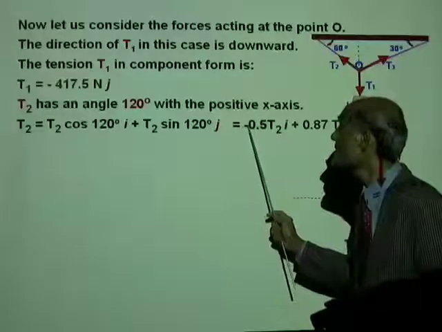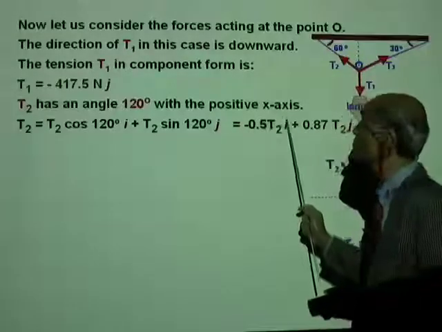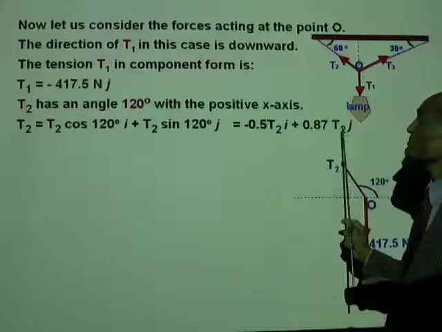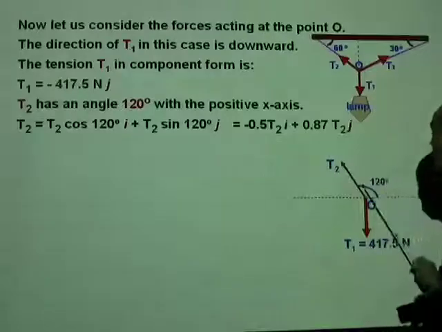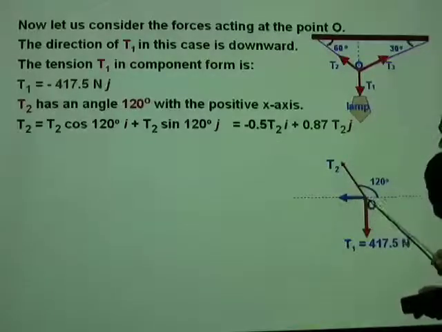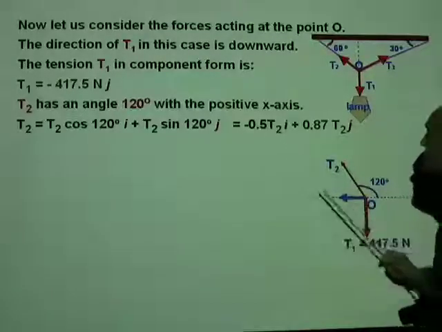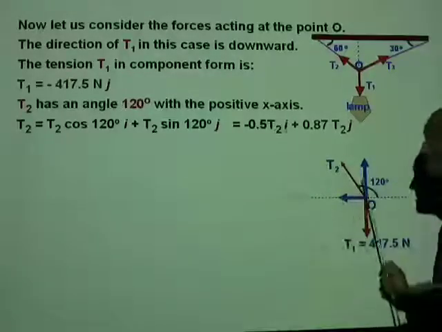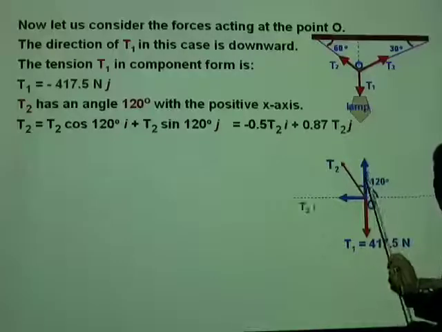So that will be negative 0.5 T2 I plus 0.87 T2 J. That is T2. Now, the x component is negative 0.5. This is the x component. Look at that. It is negative. And this is the y component.